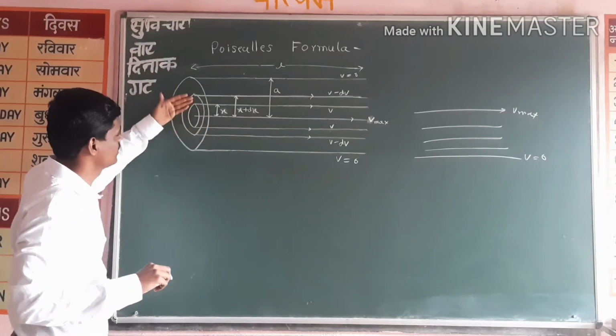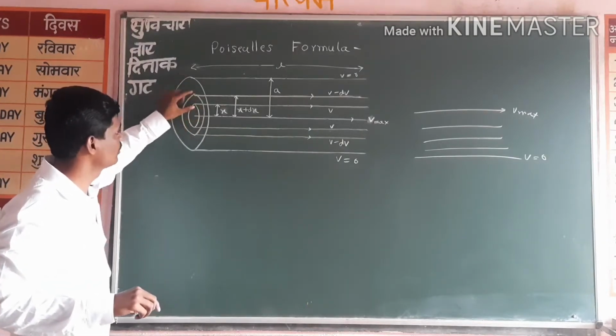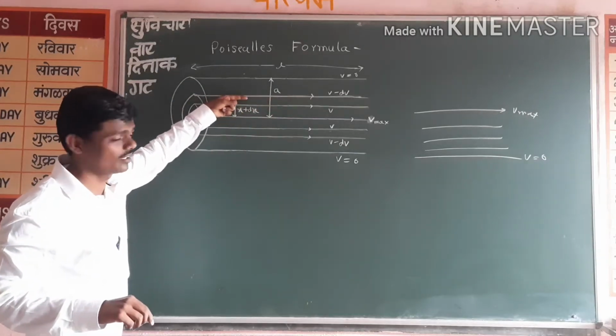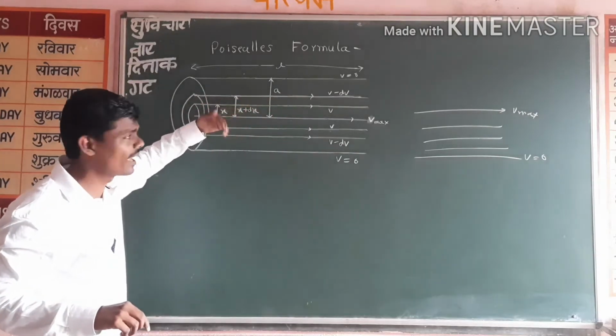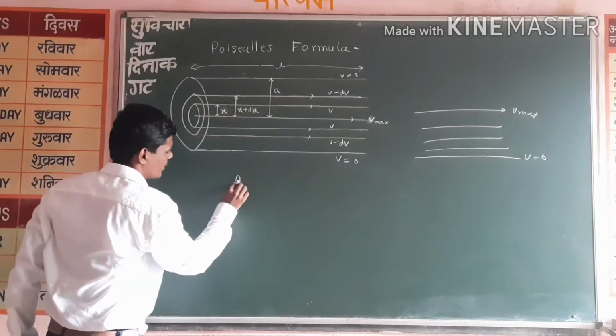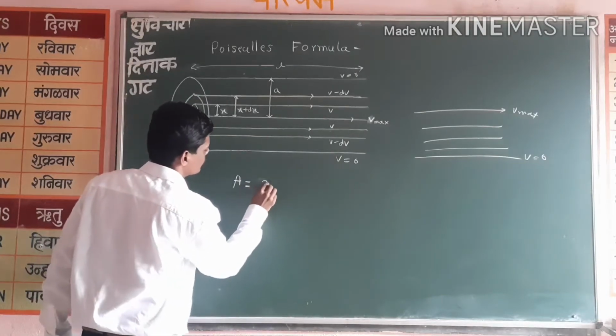So first we need to find its velocity. Just consider the area in contact. What is the area in contact between these two? This outer layer is applying a viscous or drag force on the inner layer. So the area in contact is 2 pi.